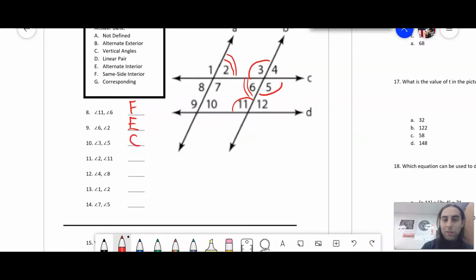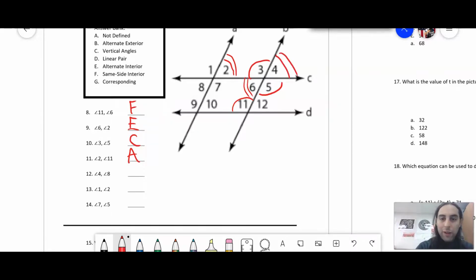Okay, angle 2 and angle 11. Now, angle 2 and angle 11 do not share a transversal. There's not one line that touches angle 2 and 11 at the same time. So we would call that not defined. Yeah, there's nothing there.